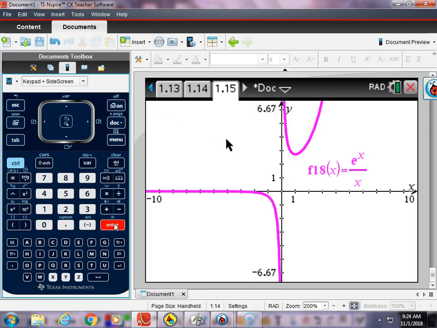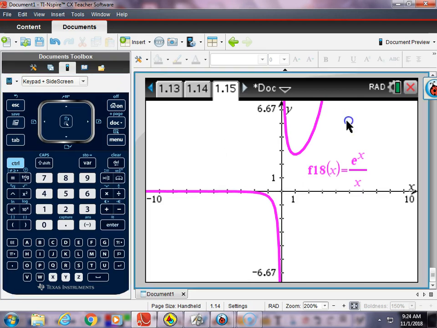So as you look towards positive infinity, does it appear that this is flattening out to any particular value? It seems like it's going to infinity. So what I would say is the limit as x approaches infinity of e to the x over x is infinity.